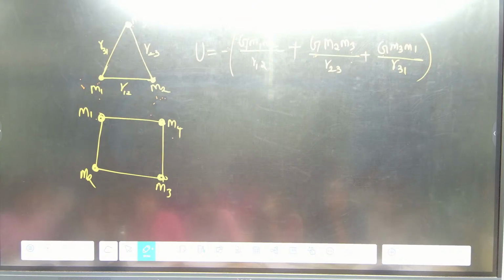For example, the masses are given as m1 equals m2 equals m3 equals m4 equals 1 kg, and the side of the square is 2 meter. Now get the value of this. The side of the square is 2 and each mass is 1 kg. Now what is the answer?